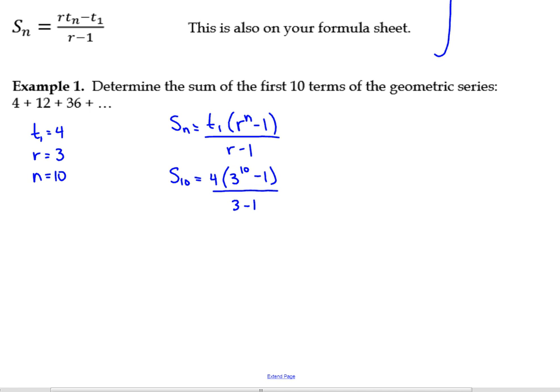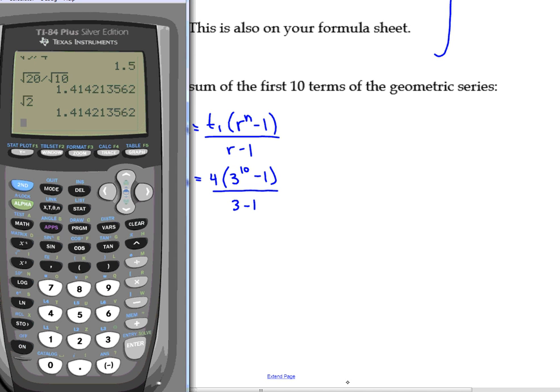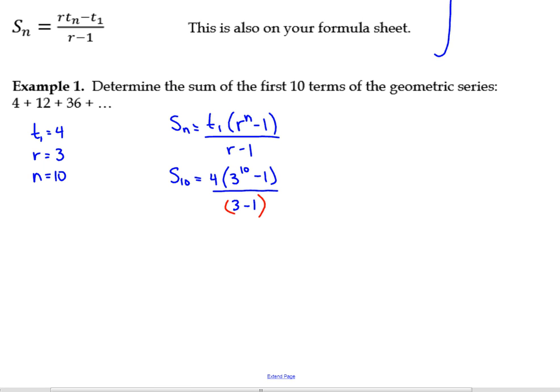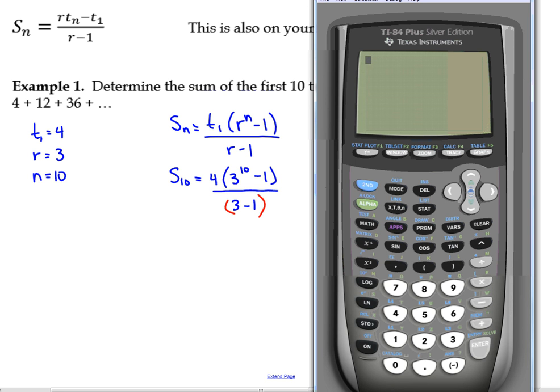But if you just have an 83 calculator, TI-83, then you need to make sure to have brackets around your denominator, right? The nice thing is if your calculator is updated, you can go alpha y equals, and your life is good because it has the numerator over denominator option.